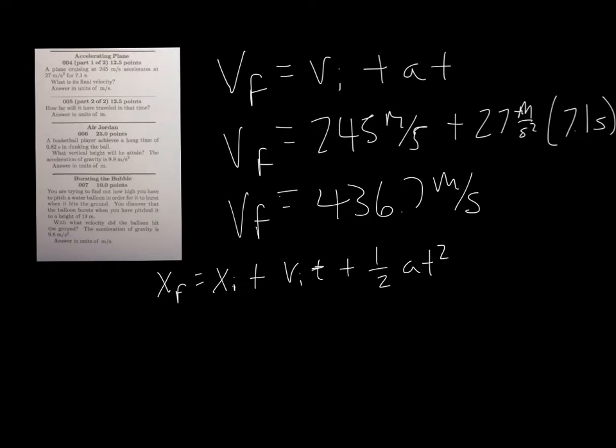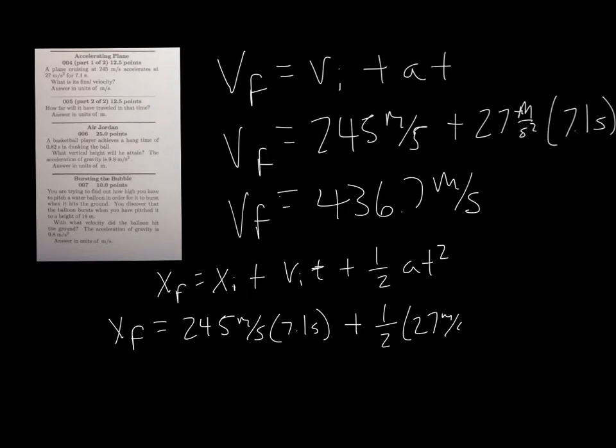Okay, so using the values that we've gotten from up here in the equation, we can note that there was no initial displacement, so we can leave that out of the equation, and we get the initial velocity of 245 meters per second times the time in seconds plus 1/2 of the acceleration, which was 27 meters per second squared, times the time of 7.1 seconds, and then we're going to square that.